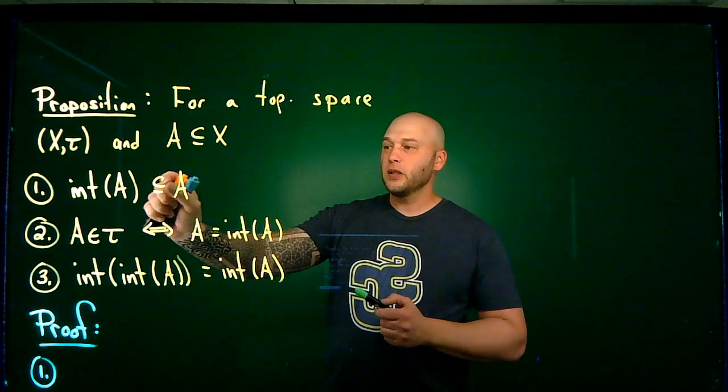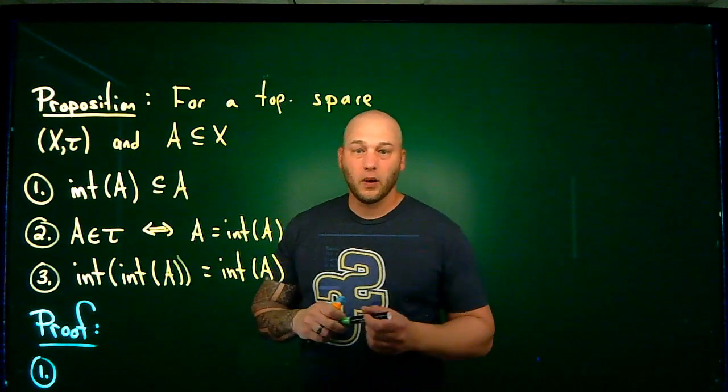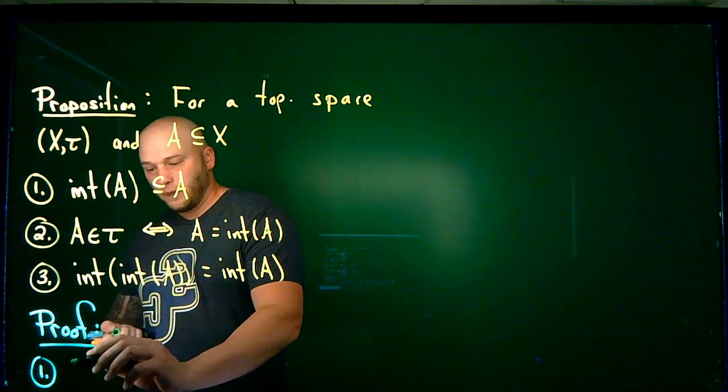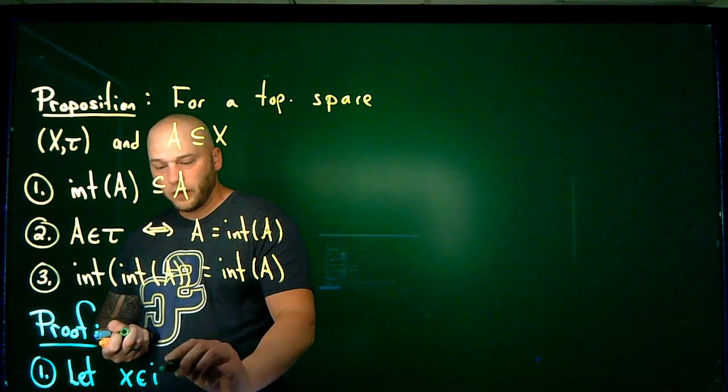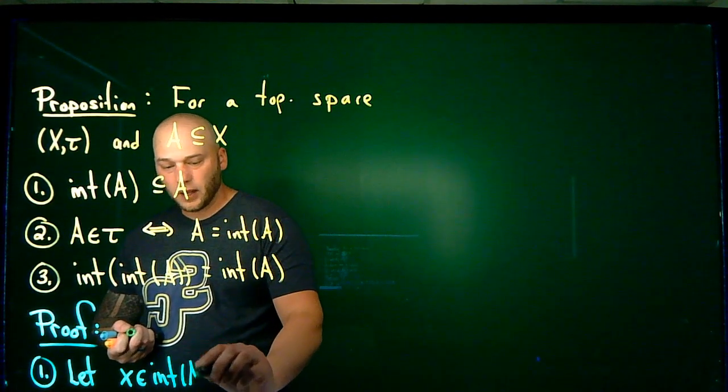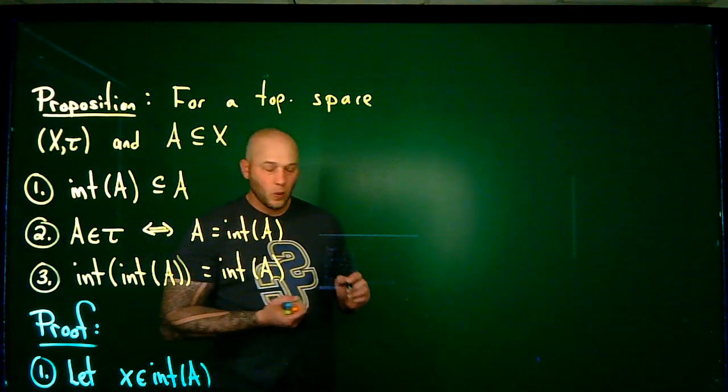The interior of a set A is contained in the set A. Okay, let's go ahead and prove that. Well, let x be an element of the interior of a set A. What does that mean?